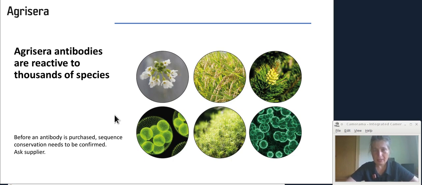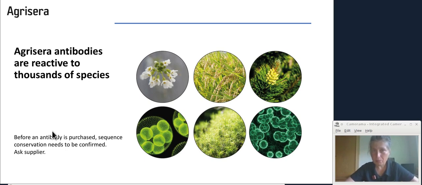However, if you are purchasing an antibody to a species which is not listed on the product info sheet, please remember that even if the protein is of high conservation, it is very good to first ask the supplier and send them the sequence of the protein which you aim to detect, for confirmation if the peptide used to elicit this antibody is actually conserved in the sequence from the species you are aiming to work with.